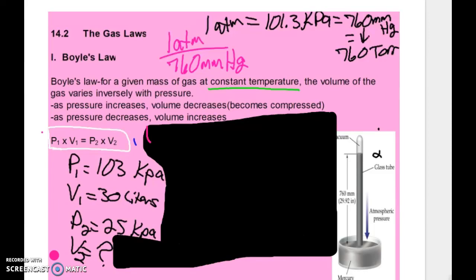They're in a relationship with each other, so that if I compress it to half its volume, then the pressure is going to increase proportionately, so that P2 times V2 is going to be equal to the same value as P1 times V1. I hope that makes sense. So let's do a quick little calculation here.